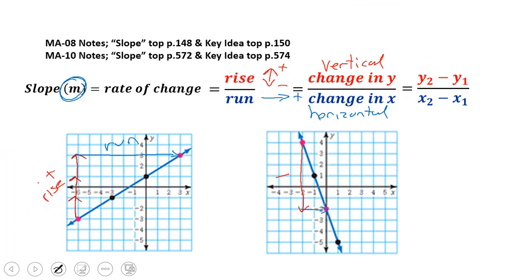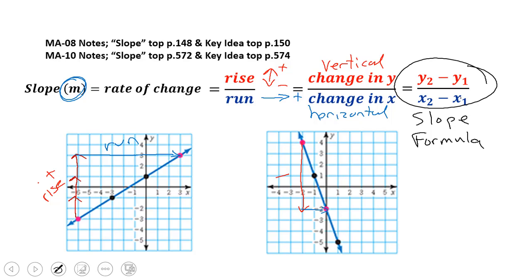And the slope formula is this: y2 minus y1, that's the vertical change in y, over x2 minus x1, which is the horizontal change in x. All right? So we call this the slope formula, and you want to write that down. y2 minus y1 over x2 minus x1.